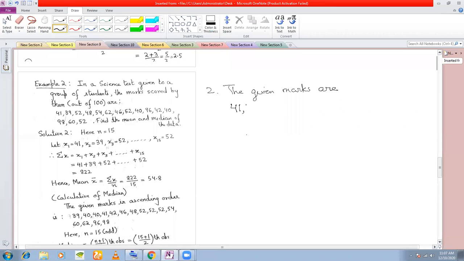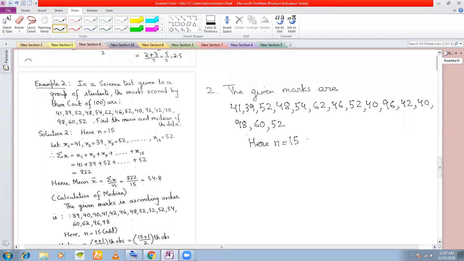Let's list down the marks: 41, 39, 52, 48. Okay, so count the number of observations. It will come to 15 observations, which is odd.